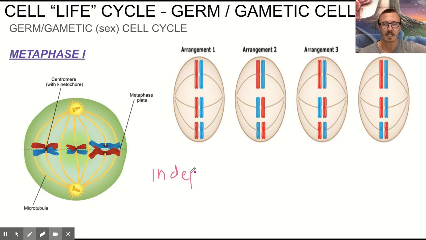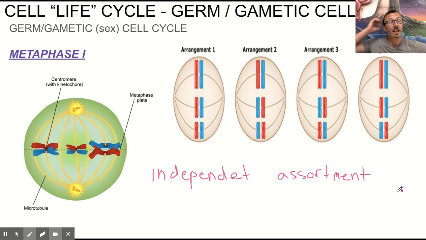And just what that means is our chromosomes line up and separate independent of one another. Independent assortment is kind of like shuffling a deck of cards, right? So maybe at one point before you shuffled your deck, you had all the 4s together and all the aces and queens and kings. They were all next to their homologous card, and you just shuffled them up to get ready to deal it out.